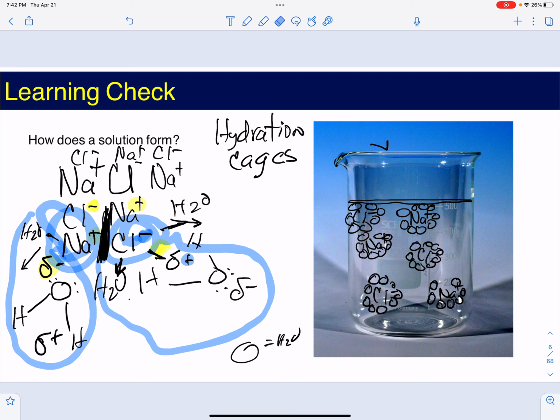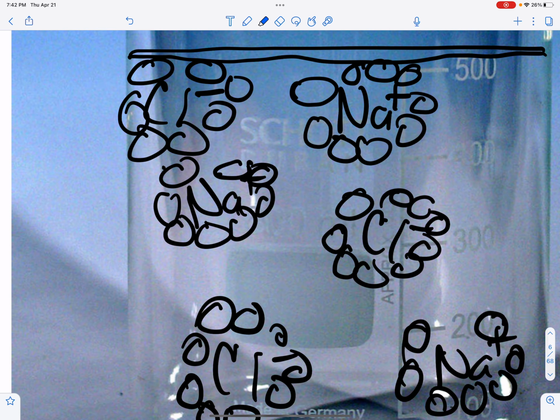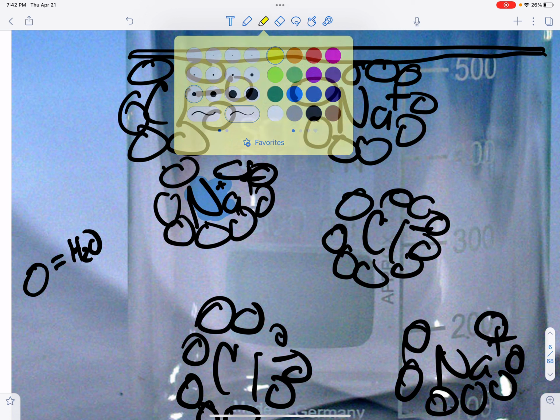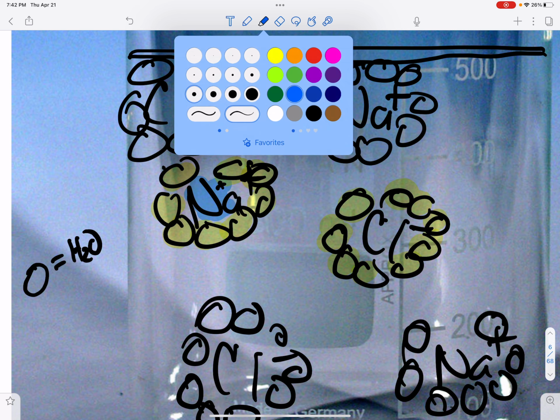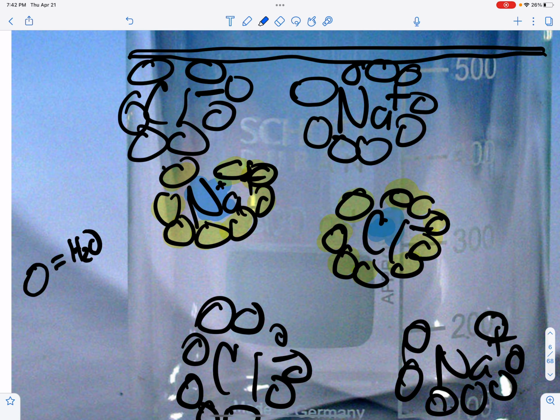So let's put some names into this. If you notice, and let me show you here, remember this is representing water, for every ion you're going to need a lot of waters to keep them separate. So a lot of waters for every ion that you trap in there.